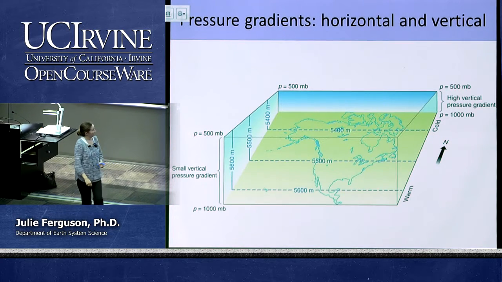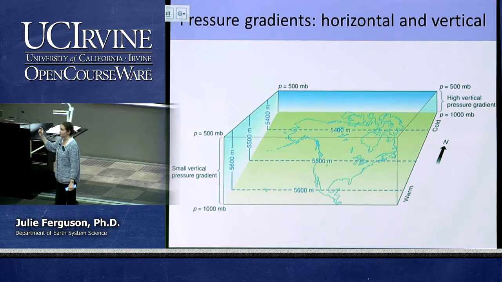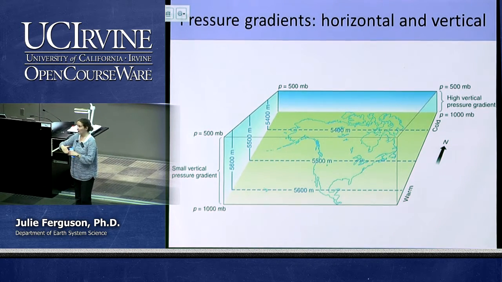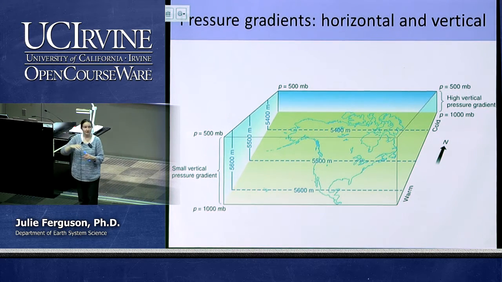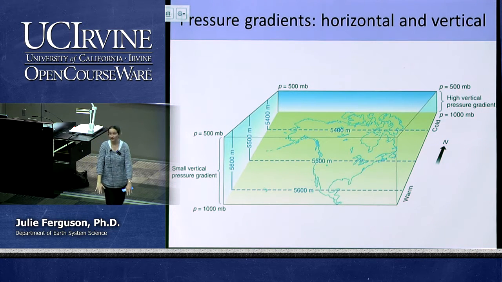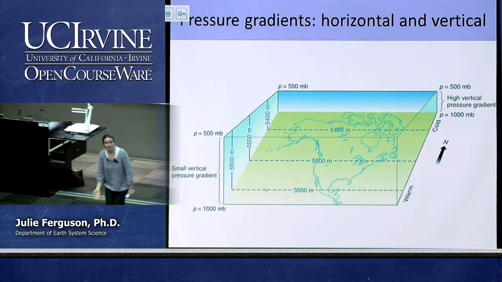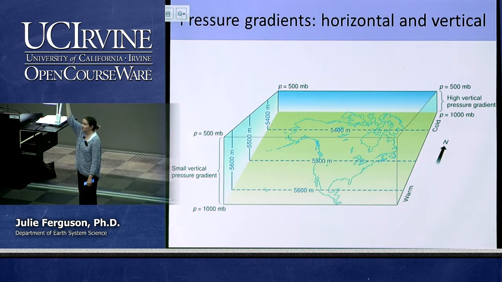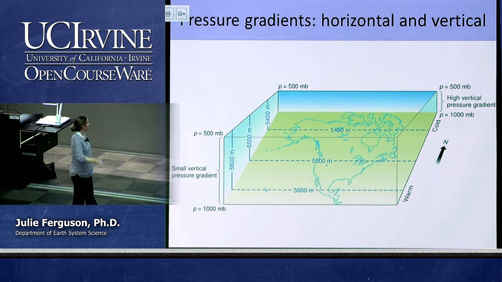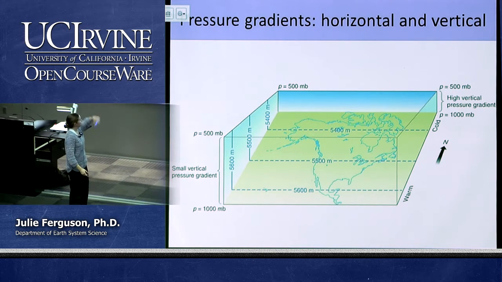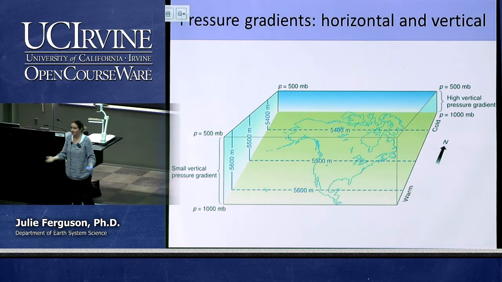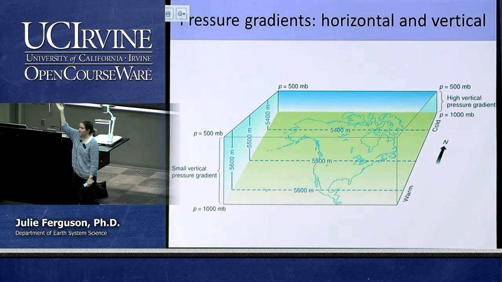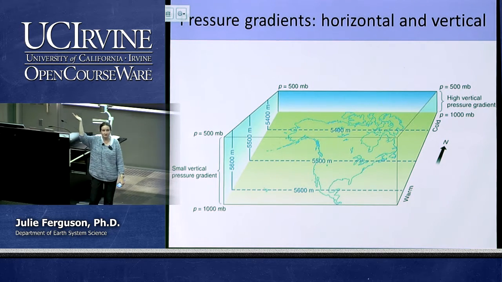And so if we pick one particular pressure, okay, and think about how high we would have to go up, in our warm air column, if we wanted to go from, say, 1,000 near the surface to 500 millibars in the atmosphere, we'd have to go up a lot further before we hit that pressure, okay? So that we might have to go up maybe 5,600 meters, 5 kilometers up before we hit that 500 millibars.